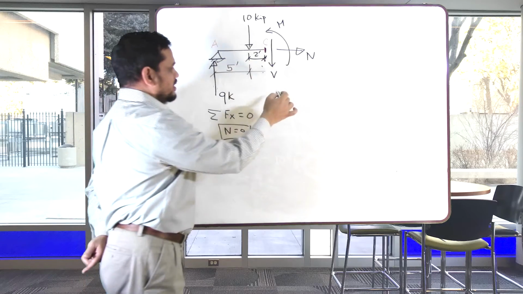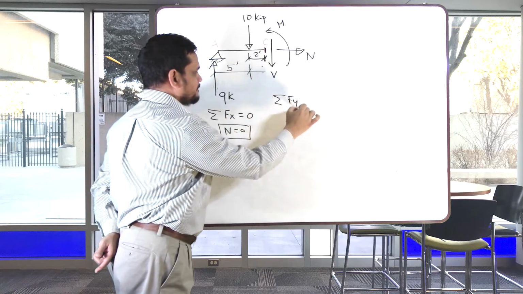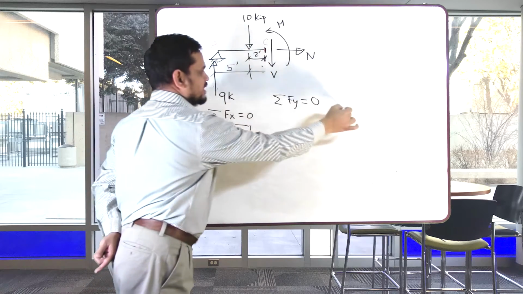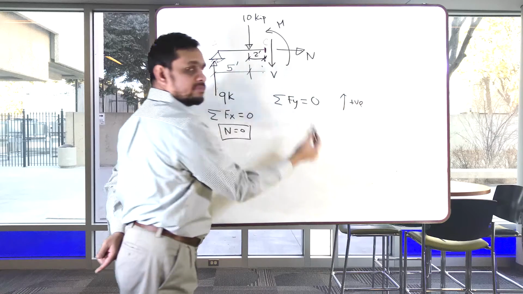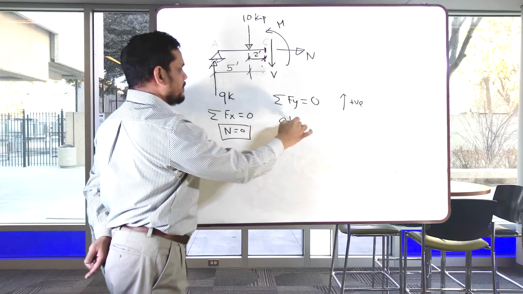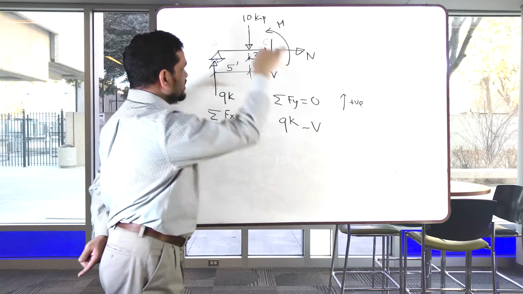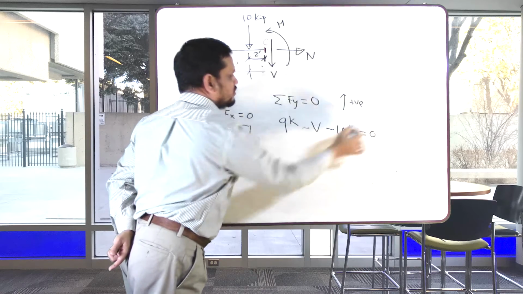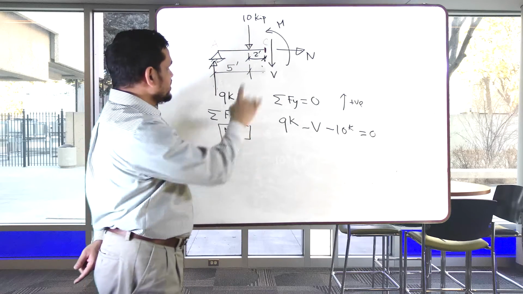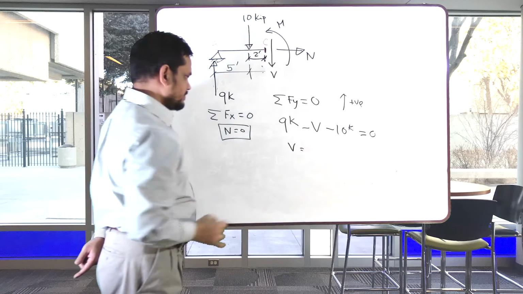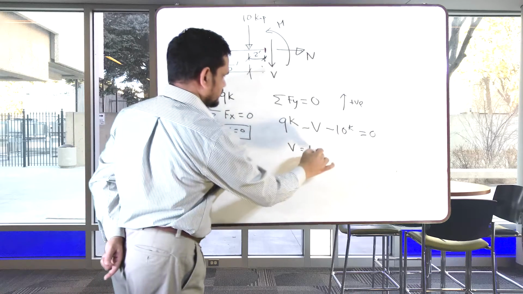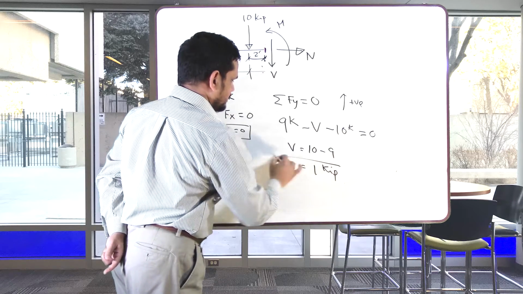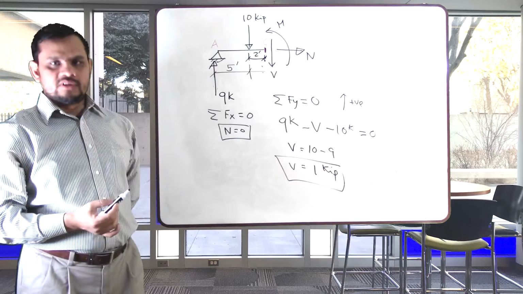If I consider summation of Fy, assuming upward positive, 9 kg is up, this V is downward, 10 is downward, no other force along this way, so it is 0. Then 10 minus 9, so V is 1 kg. So we found our V also.